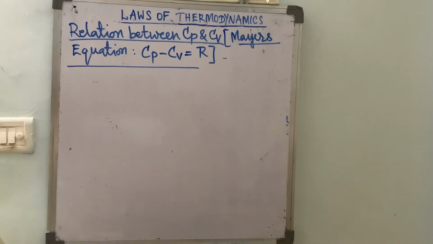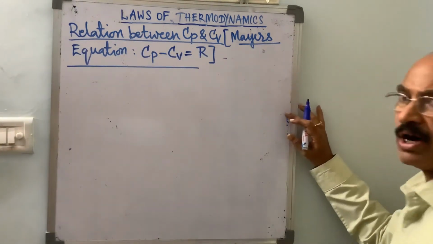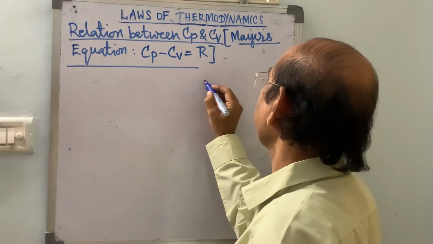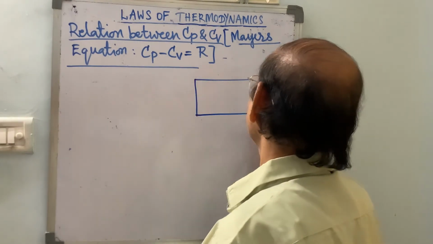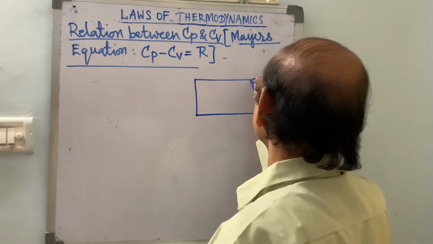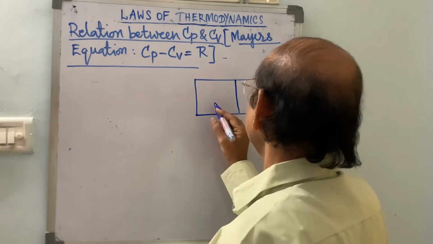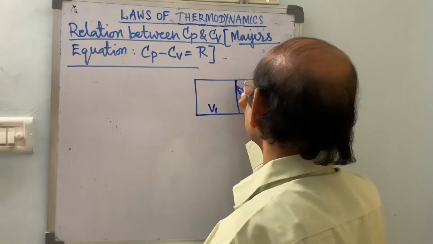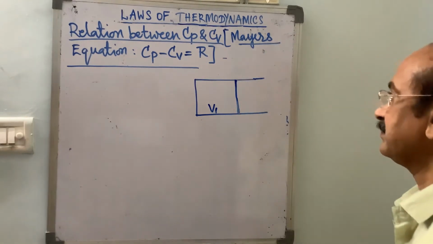In this derivation, let us consider 1 gram molecule of gas which is enclosed in a non-conducting vessel or non-conducting cylinder. Let the initial volume be V1 at a temperature T1.